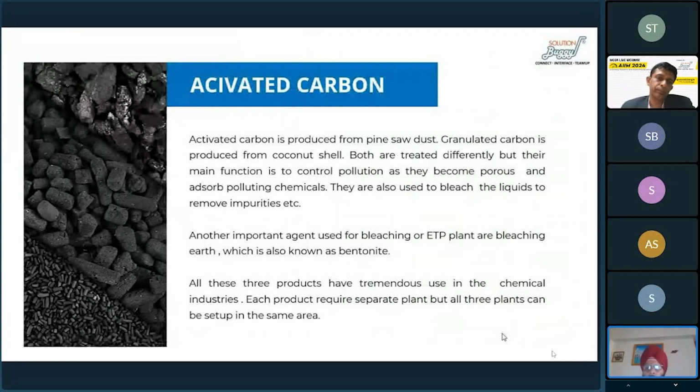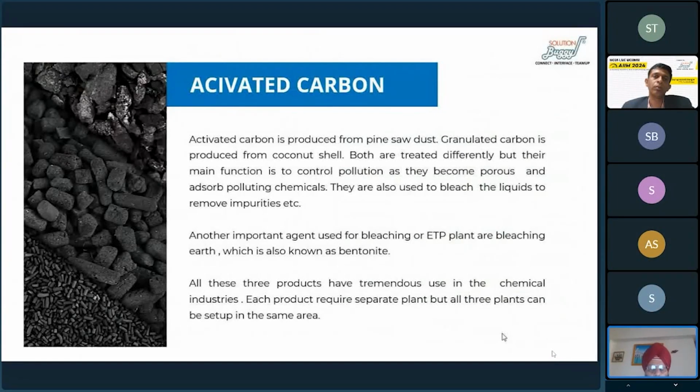Fly ash is also used as a sorbent after modification, but now coming to activated carbon, which is produced from fine sawdust. This is a major use: all industries use activated carbon because it is an opportunity to purify the water.